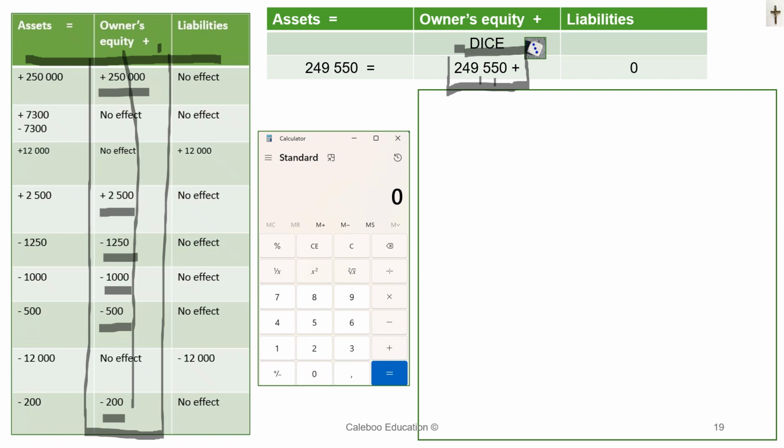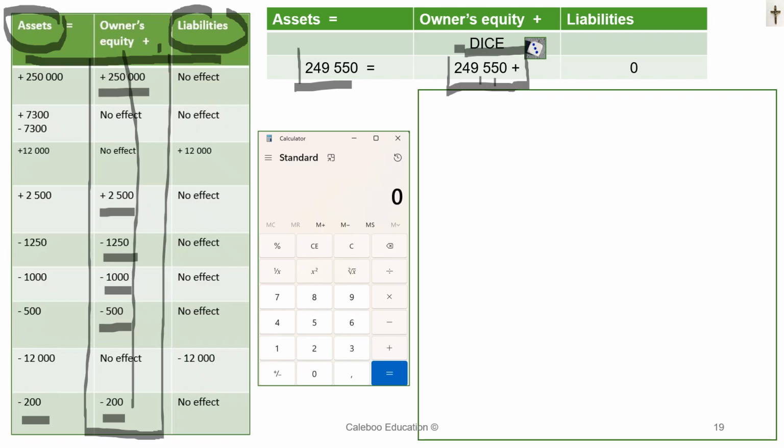Now, I haven't checked this, but I'm explaining the principle. If we went and added up the assets and the liabilities, and you said assets minus liabilities, you should also get 249,550. I'm not going to add that up.